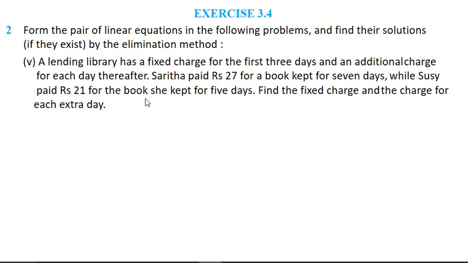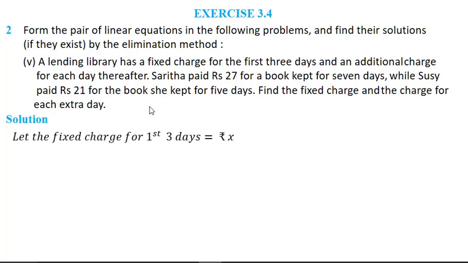Sarita paid rupees 27 for a book kept for 7 days, while Susy paid rupees 21 for the book she kept for 5 days. So for 5 days we are paying rupees 21, for 7 days we are paying rupees 27. We have to find the fixed charge and the charge for each extra day.